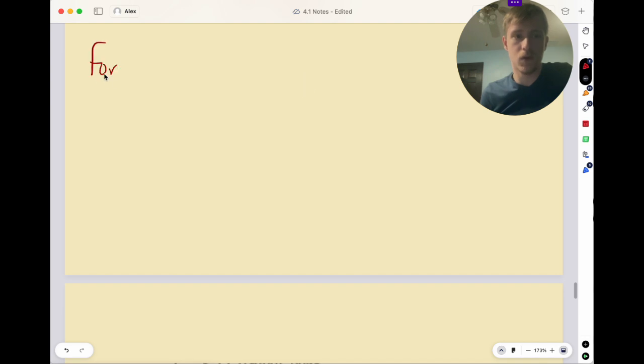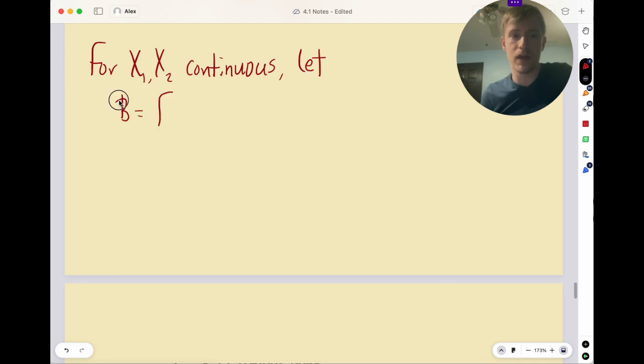For x1 and x2 continuous, it gets a little tricky, because remember, probabilities are only useful when you're describing them over a region. So we're going to define B as the following square. We're going to let that be the interval x1 prime to x1 double prime cross the interval x2 prime, x2 double prime.